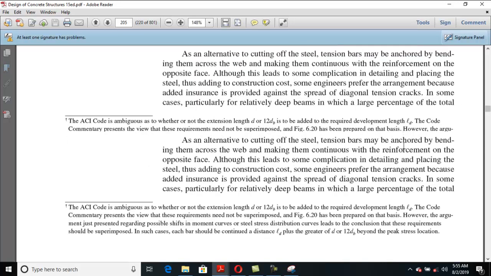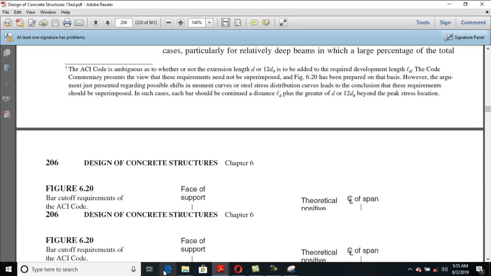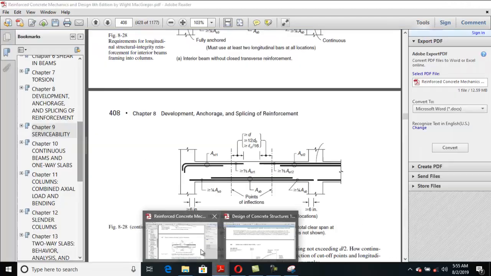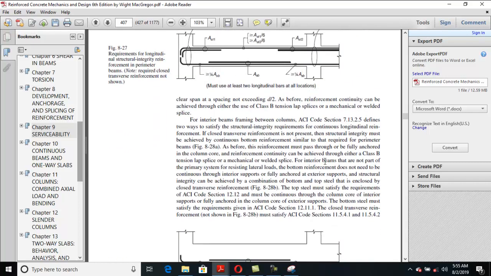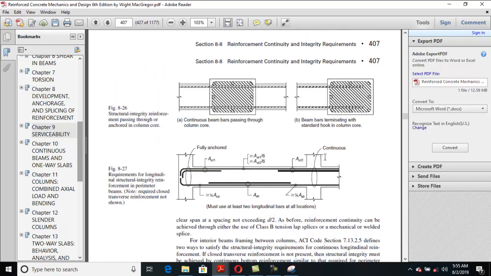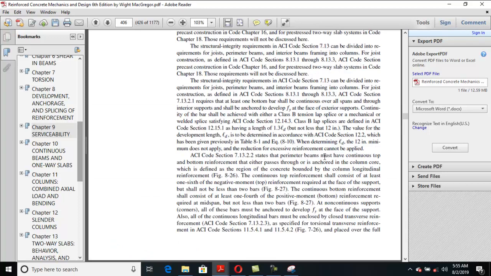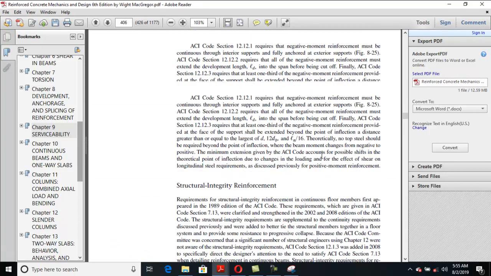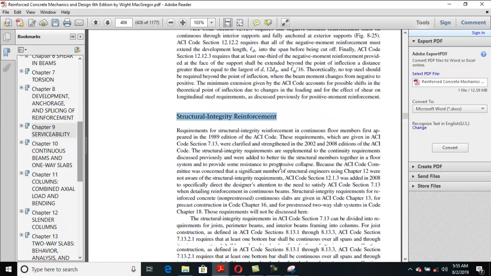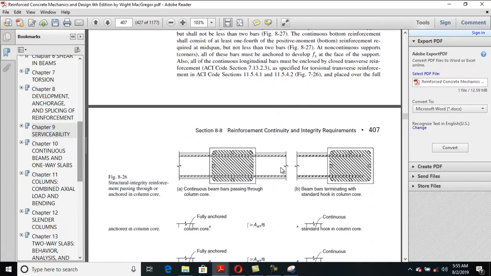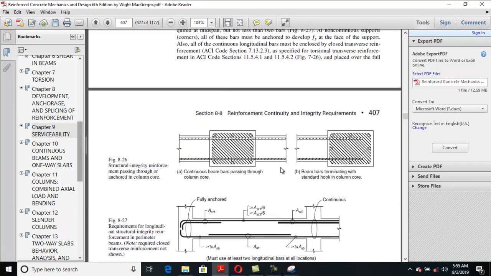And where is that point? This is clear in McGregor, and it is also in the Nilson book. This is called structural integrity in reinforcement, because structural integrity in the reinforcement is necessary.